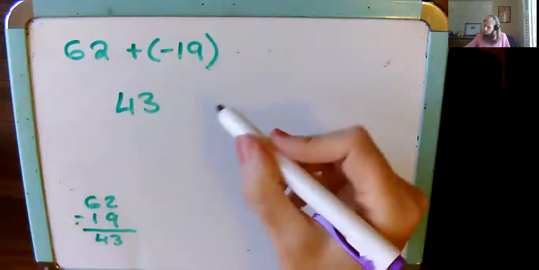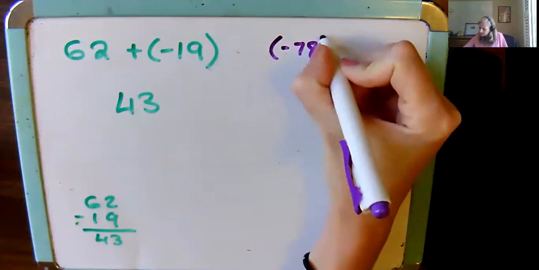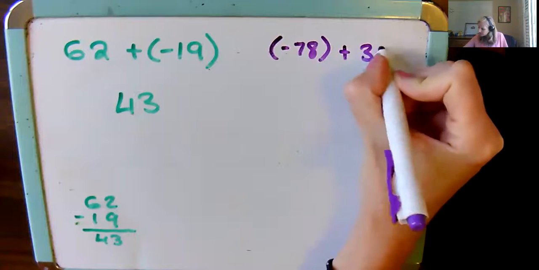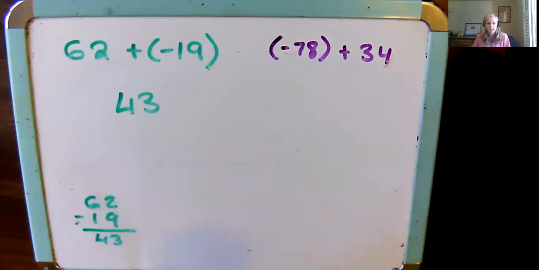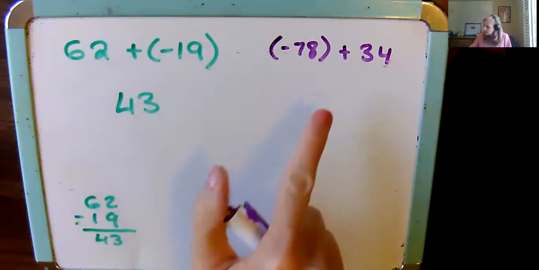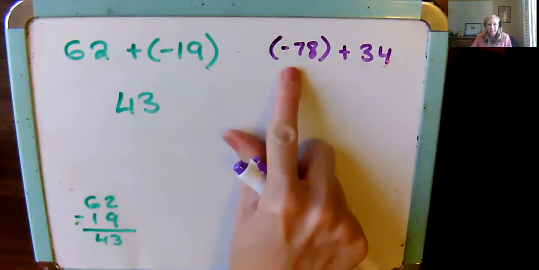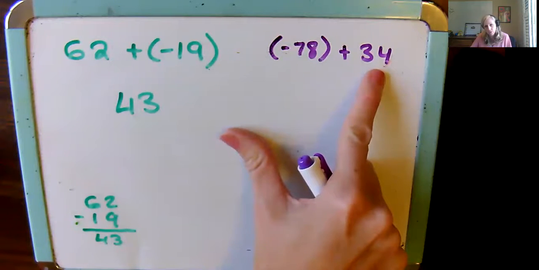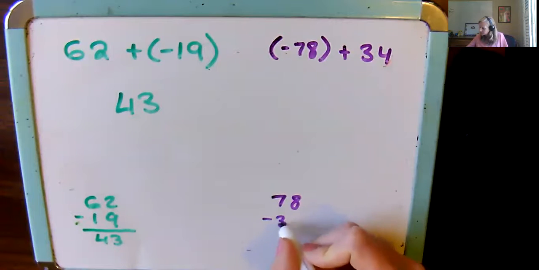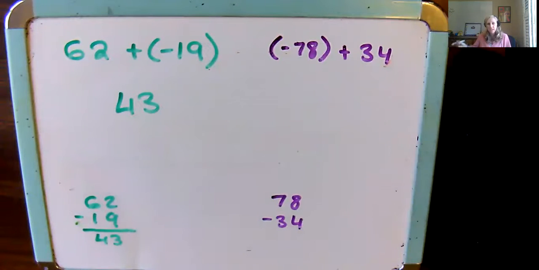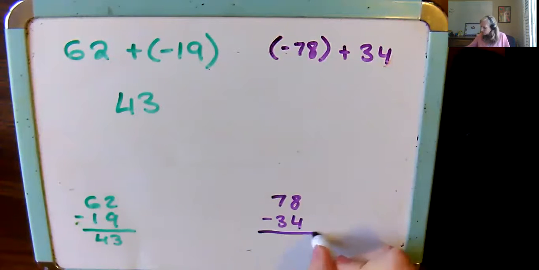Let's try another one. Negative 78 plus 34. Same signs, add and keep. Different signs, subtract. Take the sign of the bigger one. You will be exact. This is an adding problem. Negative 78, positive 34. So we're going to show our work elsewhere. 78 minus 34. We're just going to take the numbers, the absolute value of each integer, and subtract.